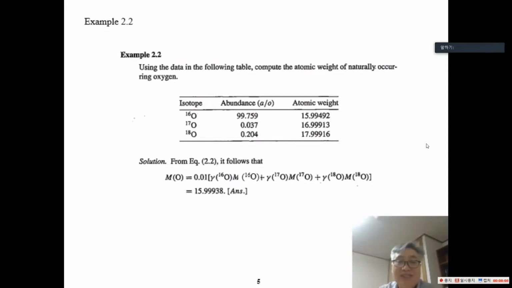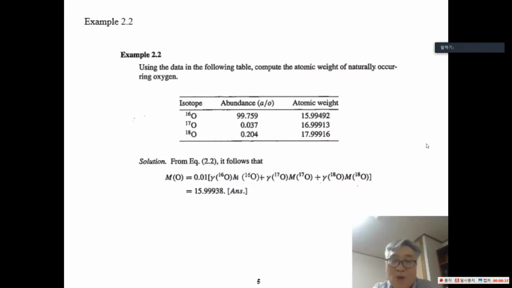The natural abundance is mostly 99% oxygen 16, and 0.037 is oxygen 17, 0.204 is oxygen 18. So it is the abundance. In the parentheses, we have a/o. This is atomic percent, not just percent.